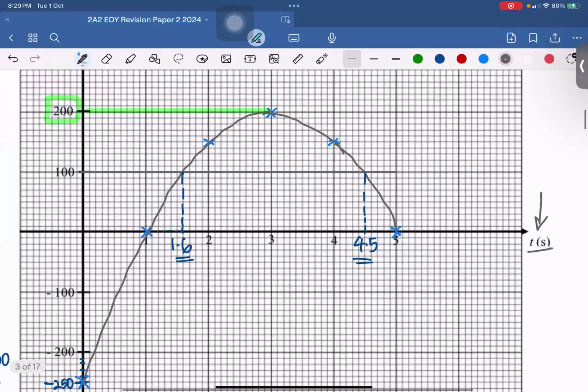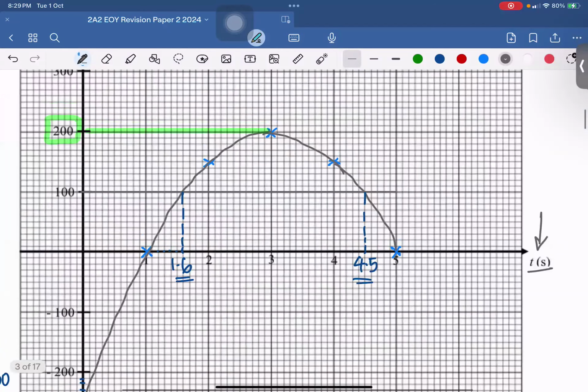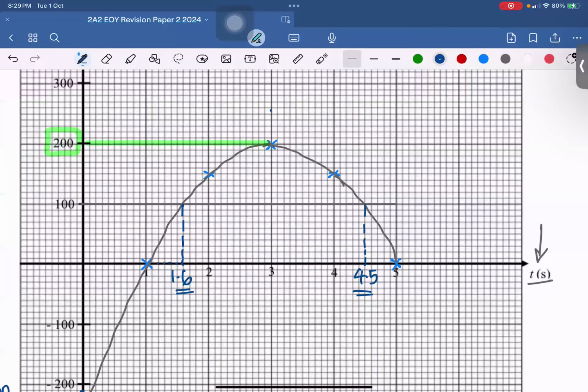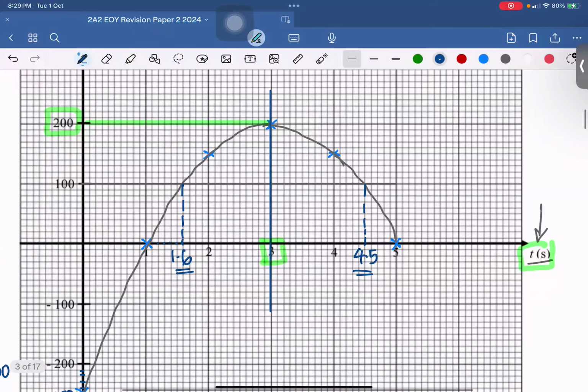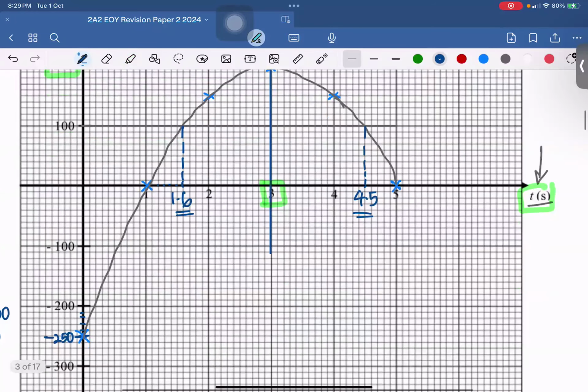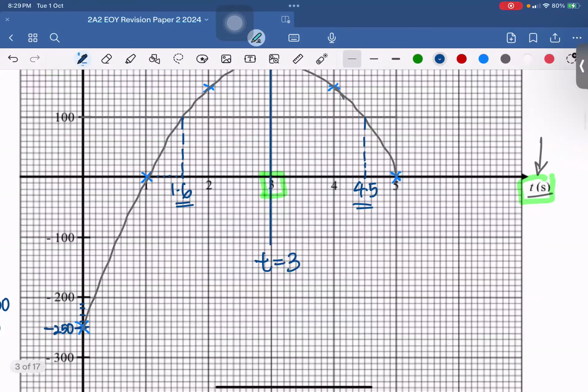So when I draw my line of symmetry, where is it? This one is my line of symmetry, correct? This line of symmetry cuts the t-axis at the number 3. So the equation is t equals to 3. That is the equation of this line.